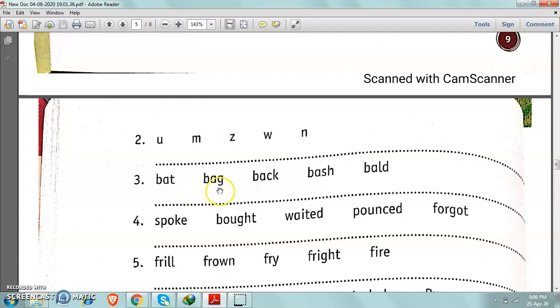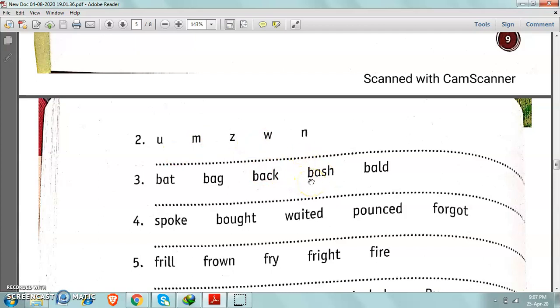T, then G, S, L. So here you will write G. G will come first, so you will write bag. So first back, then bag, then you will write bald, B-A-L-D. Then next is bat.